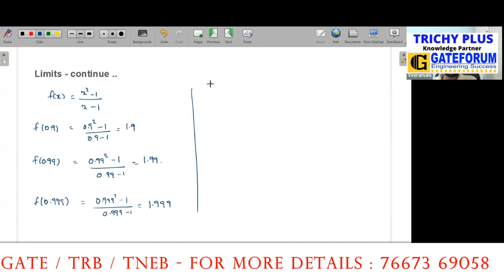So which point can we take? Let's take 1.1. If we take 1.1, what will we get? 1.1 squared minus 1 divided by 1.1 minus 1.